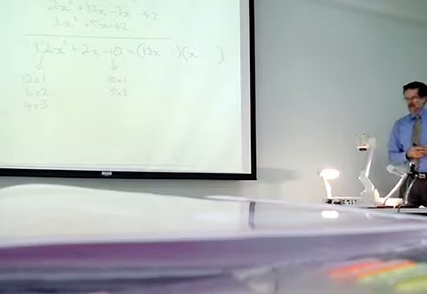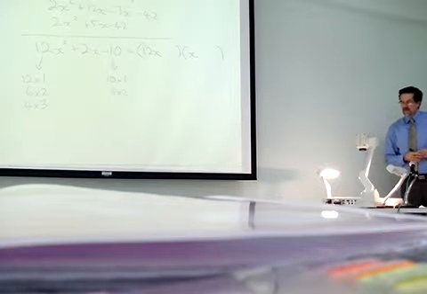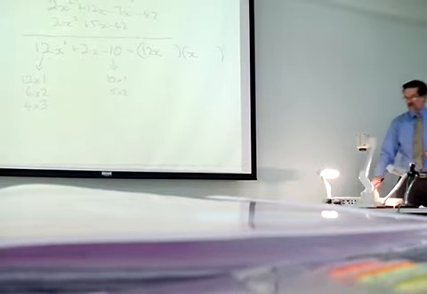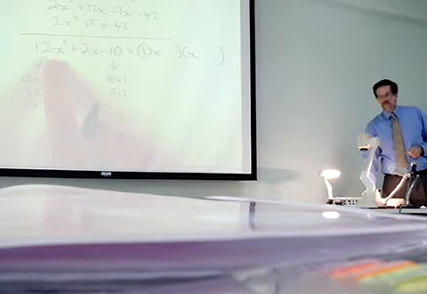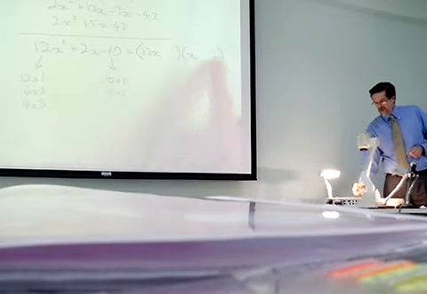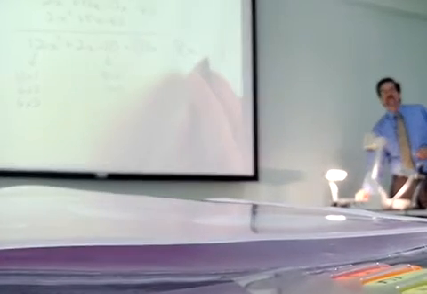12x and x. Could that work? So 12x times x is 12x squared. What could go in these other two positions?